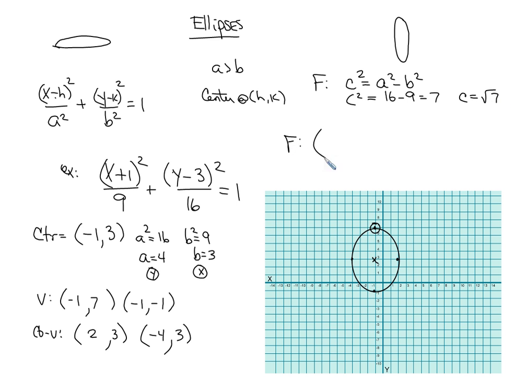So the foci are going to start, and this is why I wanted you guys to do this way, what is our center? -1, 3. Leave some space. Which way are the foci going, up and down or left and right? Up and down. So as I go from the center to a focus, which coordinate am I changing? Which direction am I moving, x or y? Y. So here is where my c gets added on, added and subtracted.